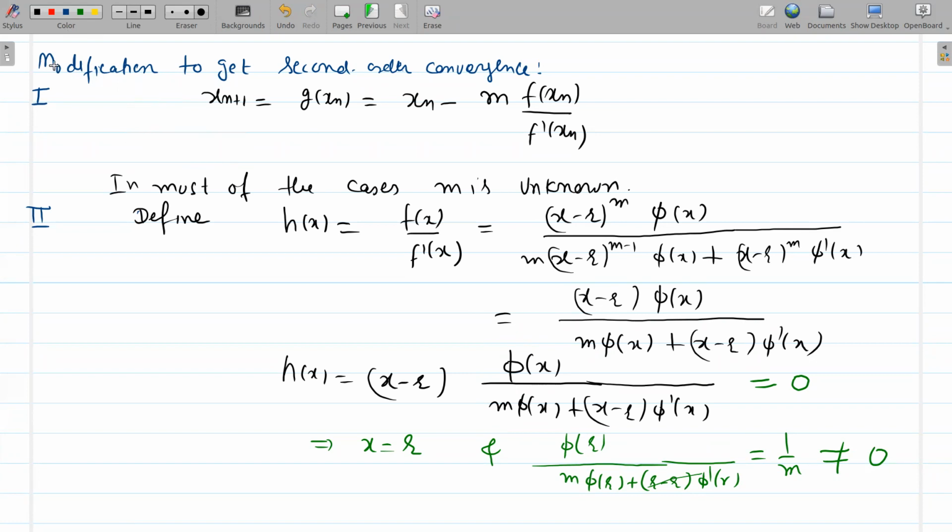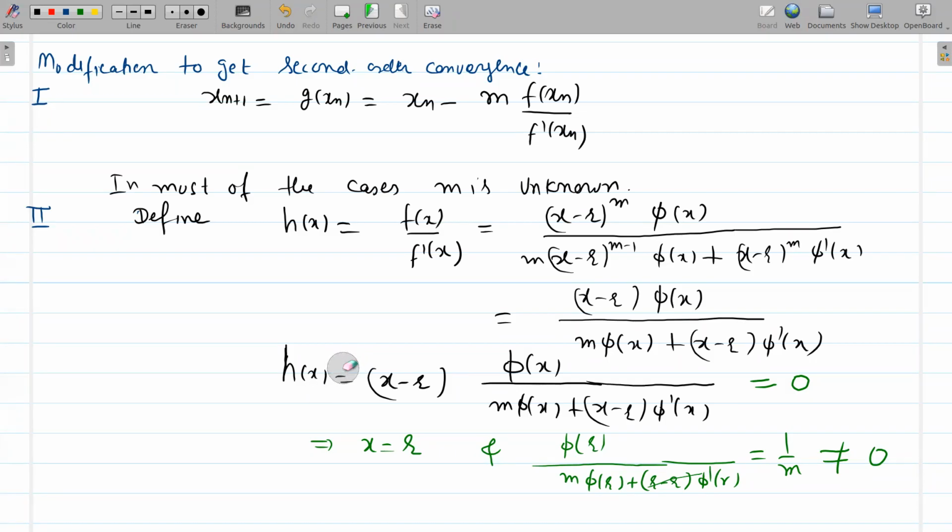So in root finding, either you find the root of f or the root of h, both are the same. But what was f(x)? f(x) equals (x minus r) power m. So r is a multiple root of f(x), but in h(x) you have only one factor. So x equal to r is a simple root of h(x). And you can apply Newton's method on a simple root, and you will get quadratic convergence.